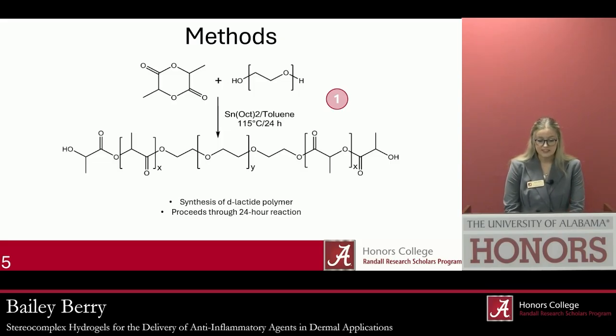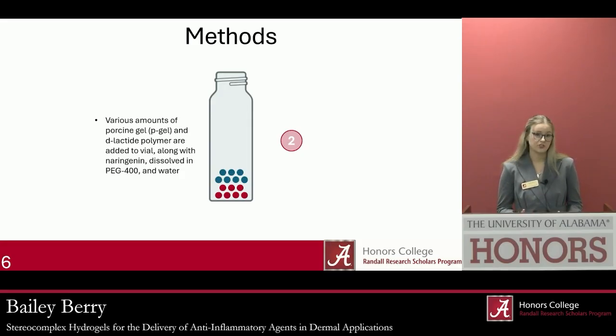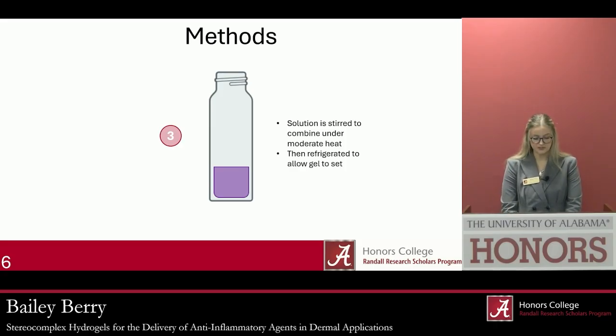Once we successfully synthesize our D-lactide polymer, we add that to a glass vial along with our gel. And in some trials, we add our naringenin dissolved in PEG 400, or polyethylene glycol 400. We also add 1 milliliter of water to this. This is stirred under heat for 1 hour and then is refrigerated at 4 degrees Celsius for 1 hour to allow the gel to set.